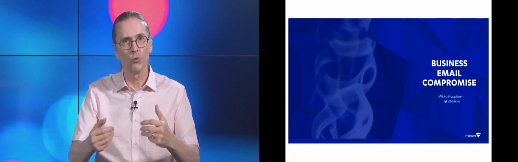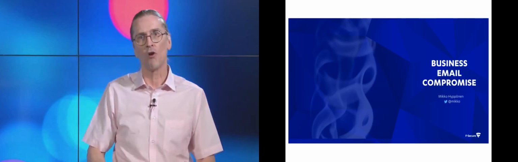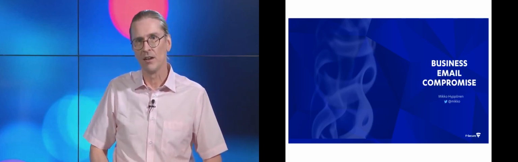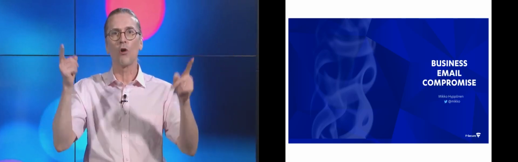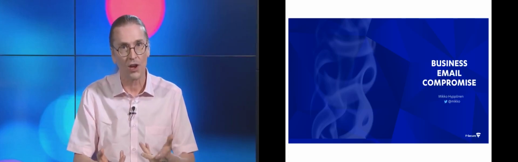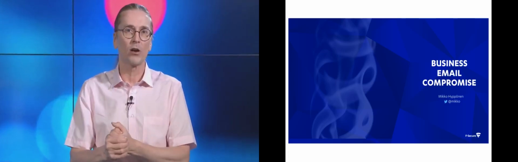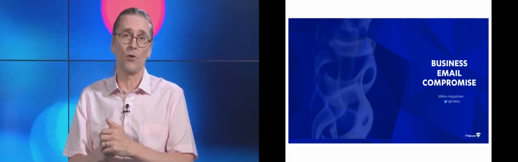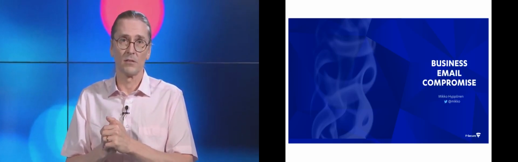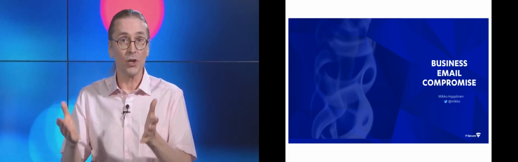unless they've been told exactly how business email compromise attacks work today. If you understand that the attacker can be sitting in the network, reading all communication, learning how things work, and then modifying key parts of the communication, if you don't know that, you will fall for these scams. These companies knew each other.